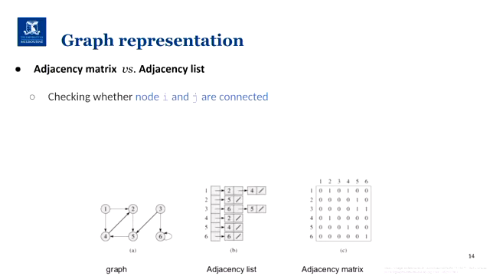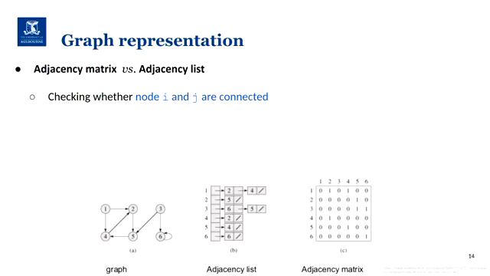For instance, if we need to check whether nodes i and j are connected, if we have a matrix, we have a direct index in memory to access. So we just ask, are 2 and 3 connected? We check automatically. We have an answer. While if we're using an adjacency list, we actually need to access the adjacency list of 2 and iterate through it.